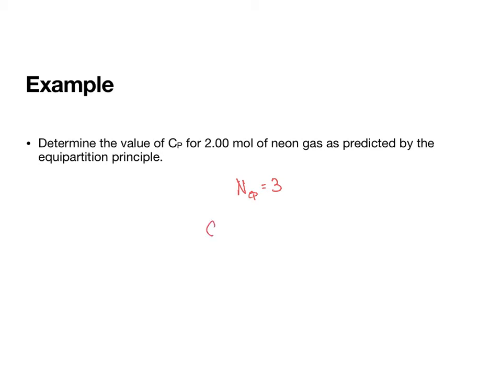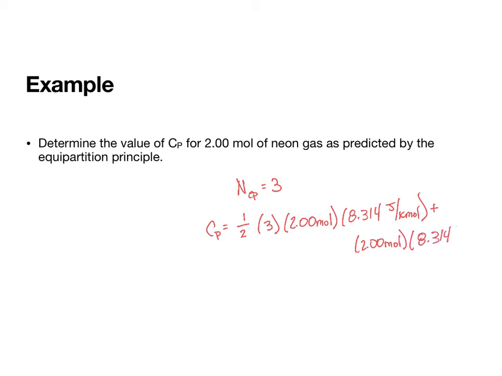And so CP is going to be equal to 1/2 times 3 times 2.00 moles times 8.314 joules per Kelvin mole, plus 2.00 moles times 8.314 joules per Kelvin mole. And so CP is equal to 41.6 joules per Kelvin.